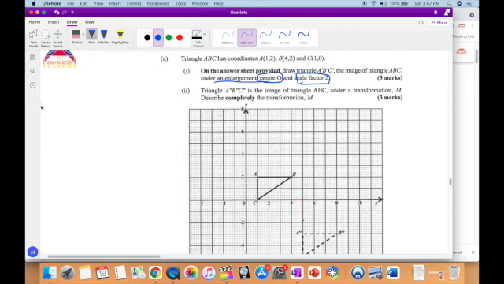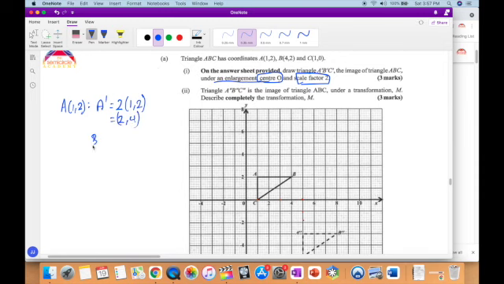If A is 1, 2, this implies that A prime will be the scale factor 2 multiplied by 1, 2, which is simply 2, 4. Right?